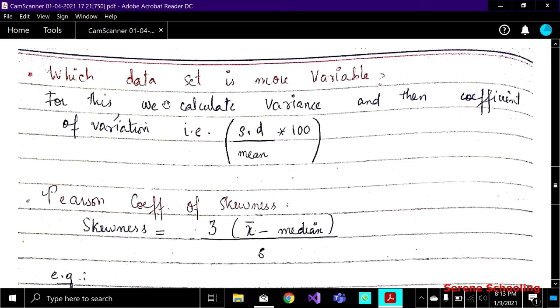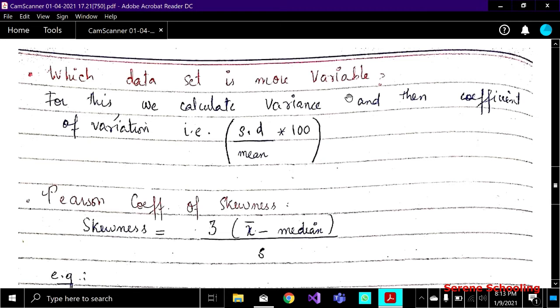If we are told to find which data set is more variable, it means that ultimately we are going to find the coefficient of variation, and if the coefficient of variation for the first data set is higher than the second data set, it means our first data set is more variable and less consistent.